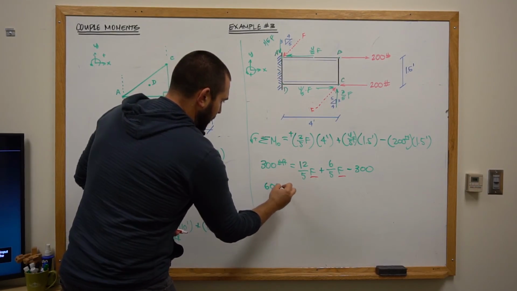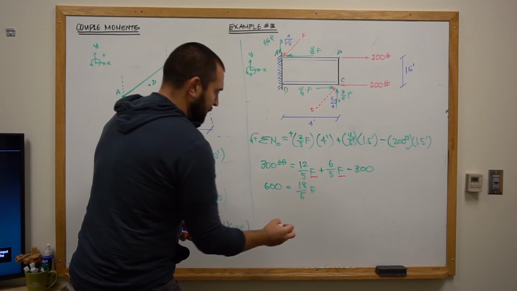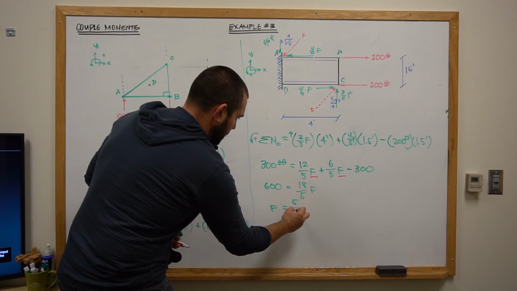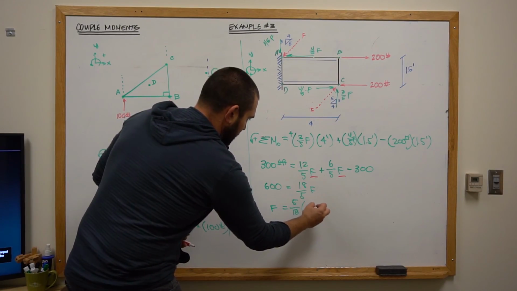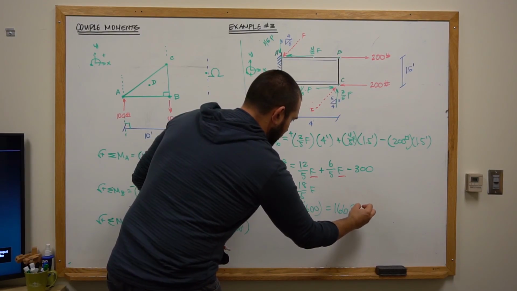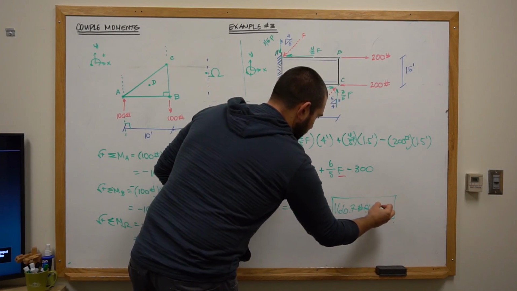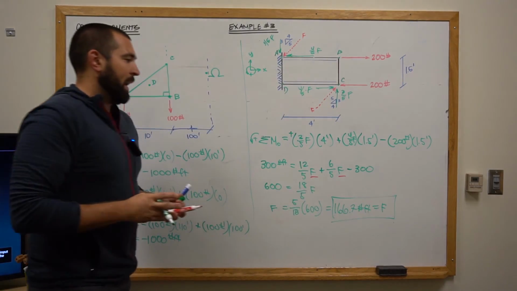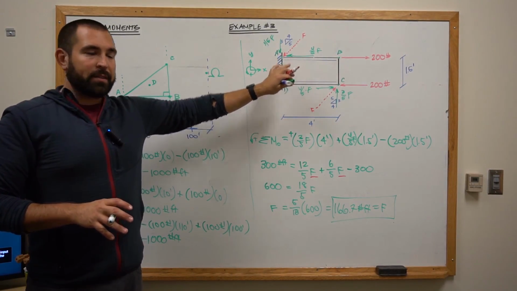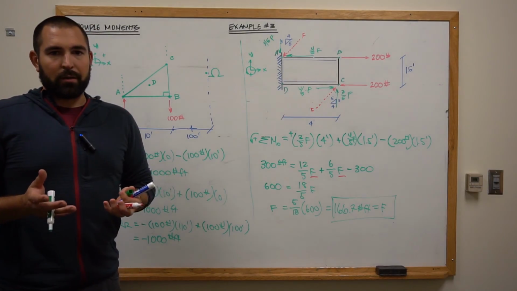I'll get 600 equals 18/5 F, or in other words, F equals 5/18 times 600, which is equal to 166.7 pound-feet. That's what the unknown force has to be equal to for the total resultant couple moment on this system to be equal to 300 pound-feet in a counterclockwise direction.